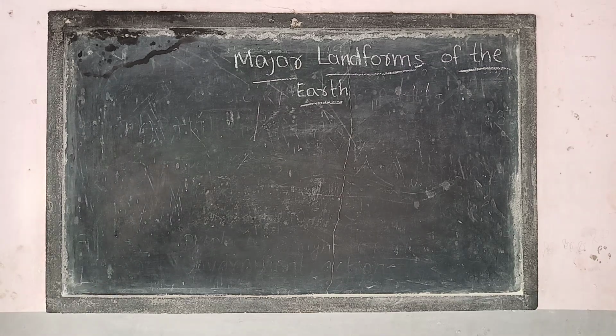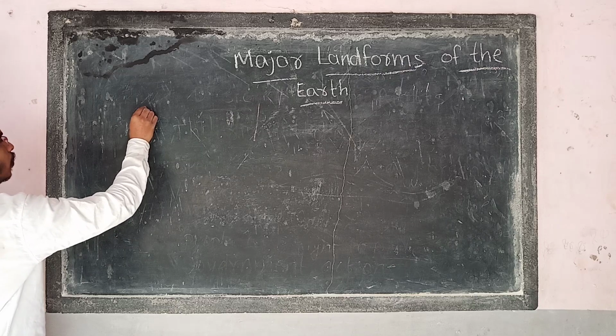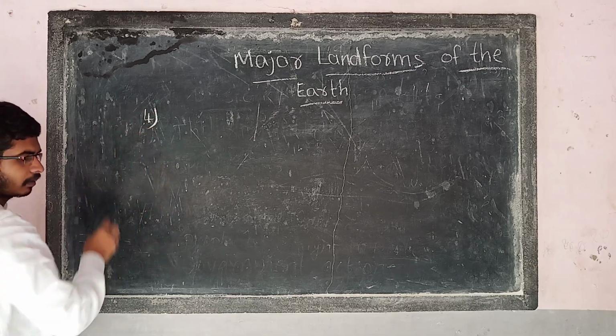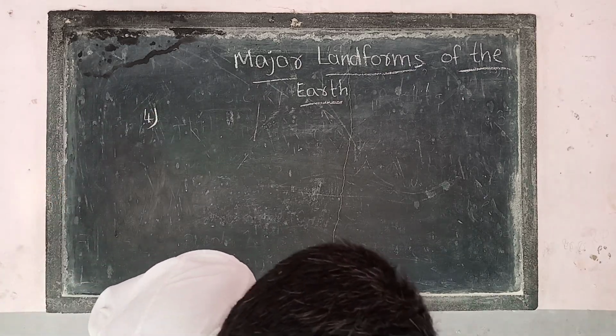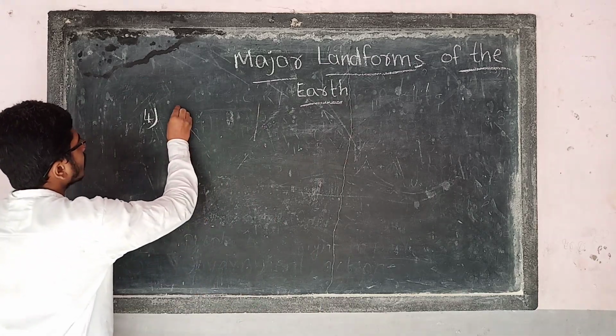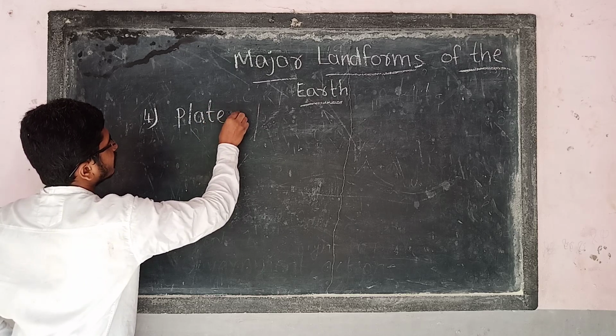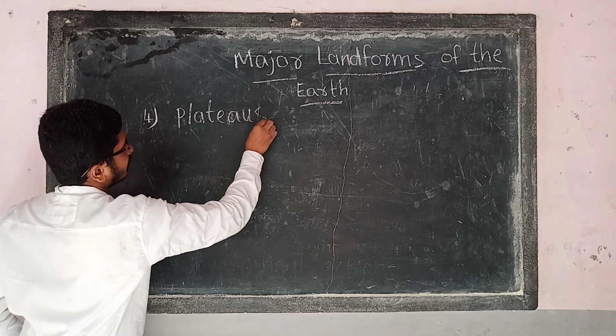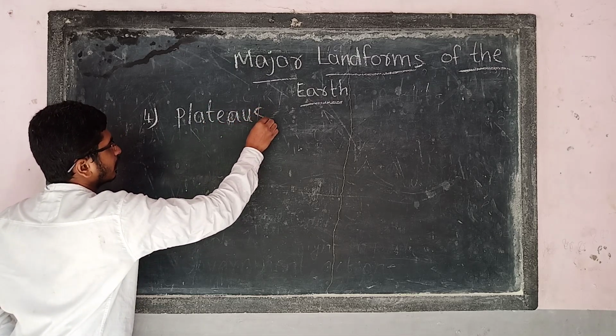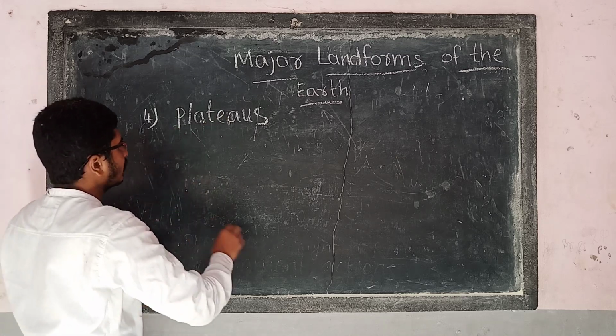So today we will learn the remaining. How many have we learned? Mountains, hills, valleys, 3. Now we'll learn the fourth one, that is plateaus. What is it? Plateaus. P-L-A-T-E-A-U-S. I am writing big, you can see the letters clearly.